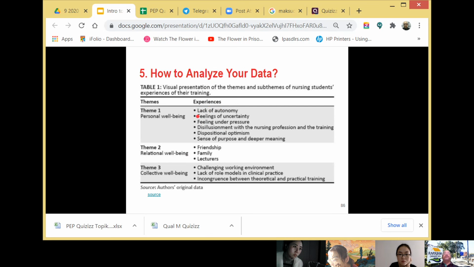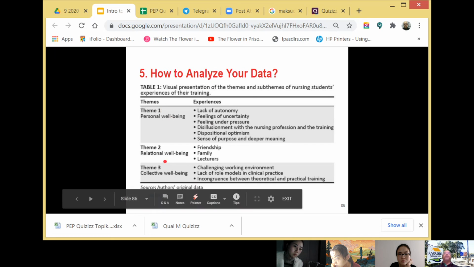You put this together and it is called personal well-being, your theme number 1. Theme number 2 is relational well-being, and there are 3 sub-themes there: friendship, family, lecturers.